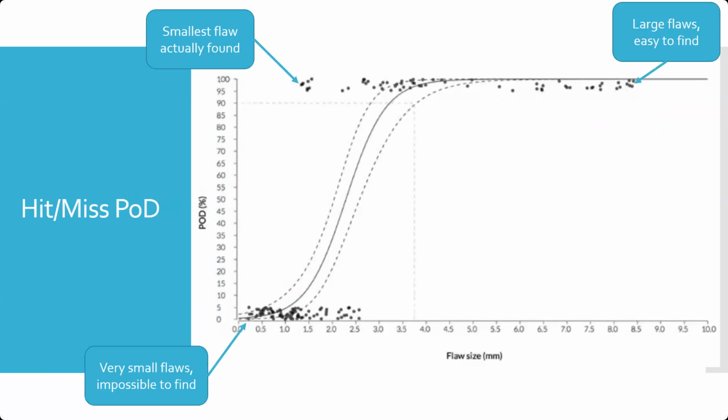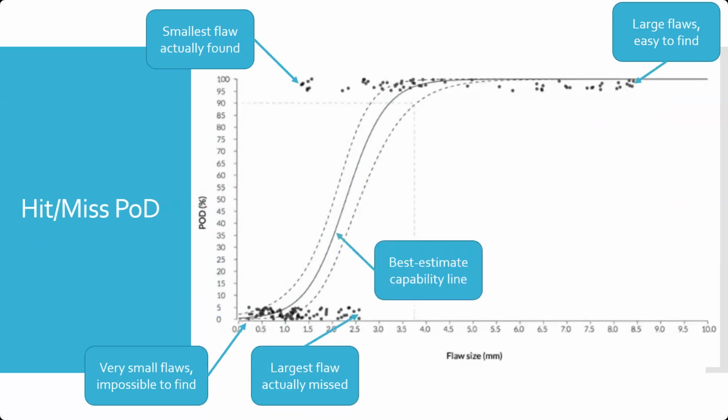That's okay. In a case like this, we're looking at what could our max acceptable flaw size be. Here's our largest flaw miss. Our largest flaw that was missed was just a hair over 2.5 millimeters. And so with those points, you can create something that is called a best estimate capability line.